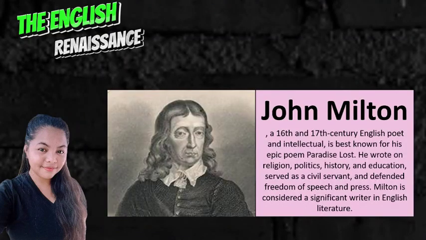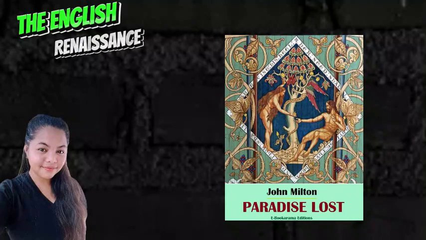And John Milton was a poet who wrote Paradise Lost, an epic poem that retells the biblical story of the fall of man from the perspective of Satan and his rebel angels.